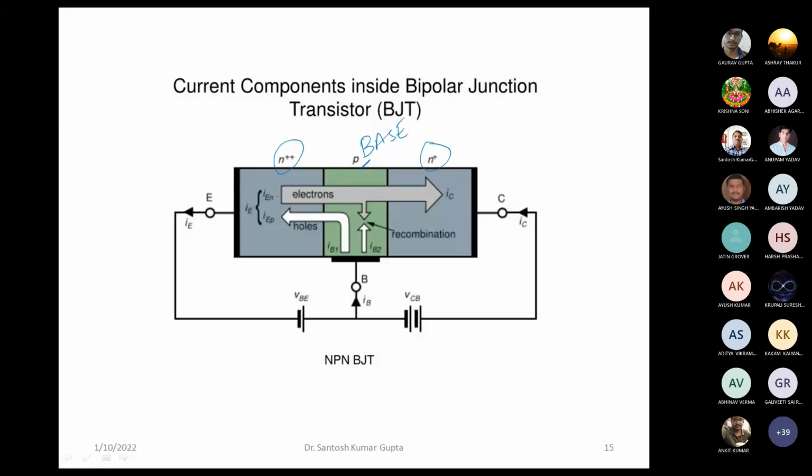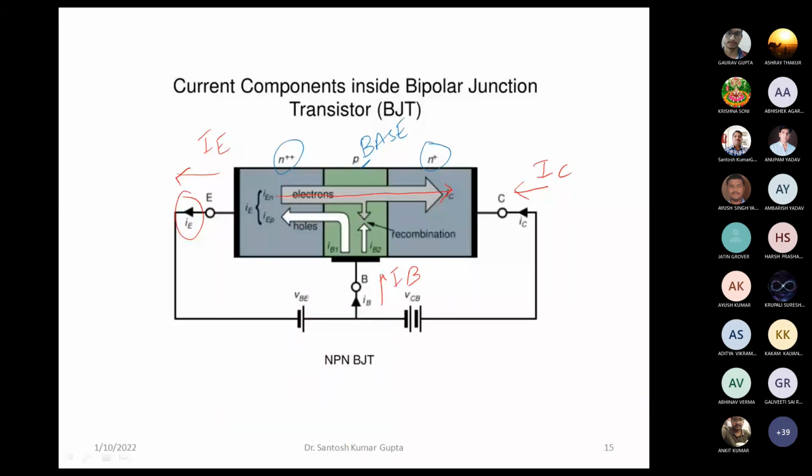That is, majority electrons are flowing from the emitter toward the collector. And we know that the direction opposite to the flow of negative charges is the reference direction for the current. So that's why the current directions are shown here like this. These are the actual current directions, IE, IC, and this IB.